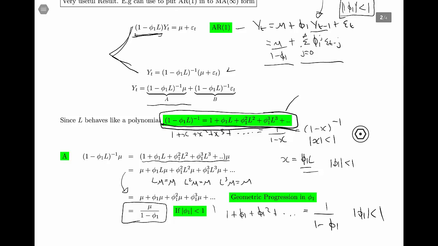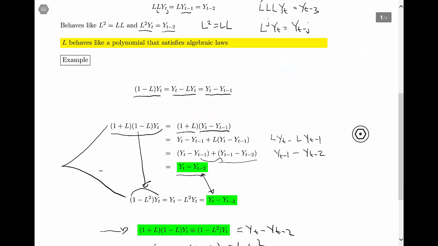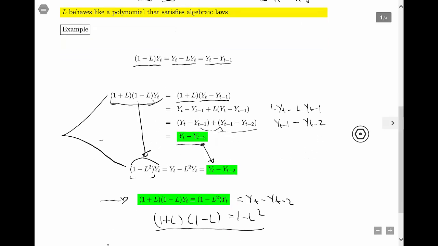You don't need to be able to prove this, but you need to know that we can use this result. We gave an example in the slide before, remember, where we showed that these two entities were equal to each other, which meant that these two behaved as if they were a polynomial. So we've given a simple example.